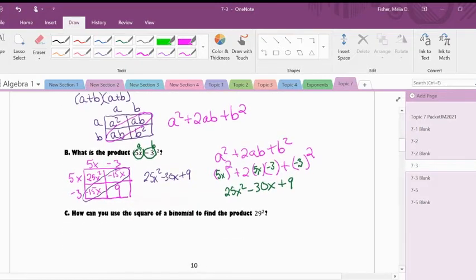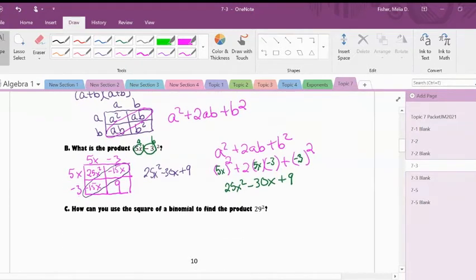How could we use that to square 29 squared? First, we would rewrite 29 to be a sum or a difference of two numbers. So we're going to put down 30 minus 1. We know that 30 minus 1 is the same thing as 29.